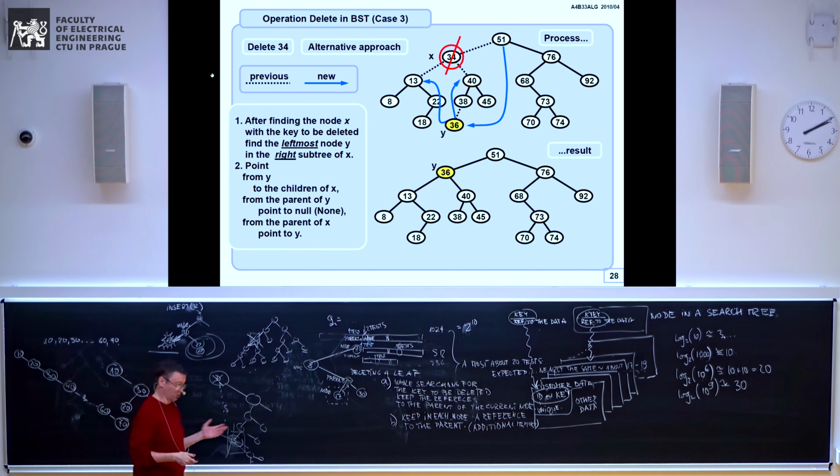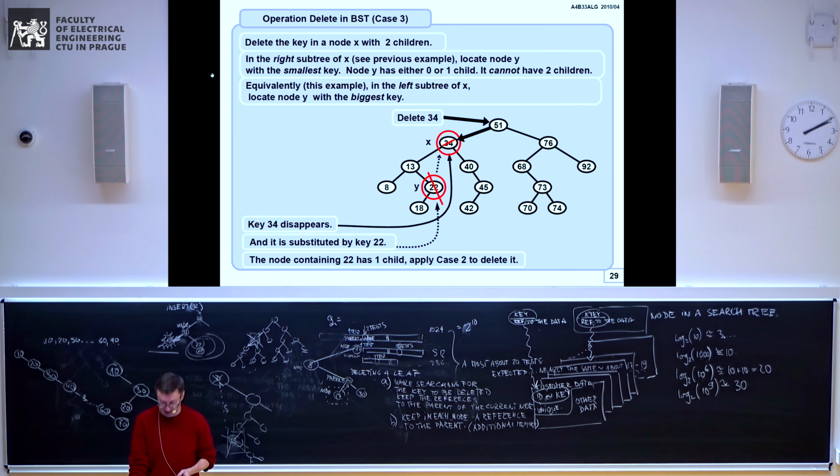So again, you might choose yourself how you want to implement it, either by manipulating the pointers or by transferring the contents of the nodes from one node to another. Now there is an example when the node which is substituting the deleted key has some child.